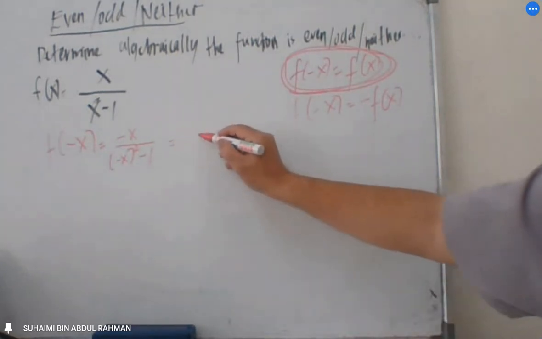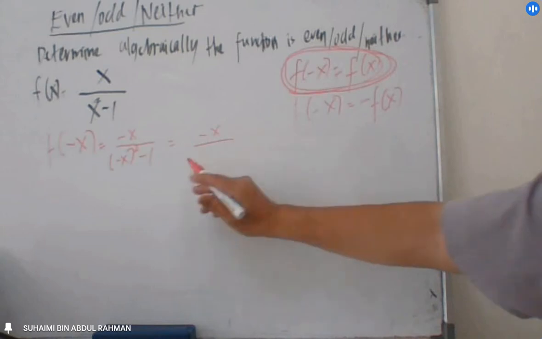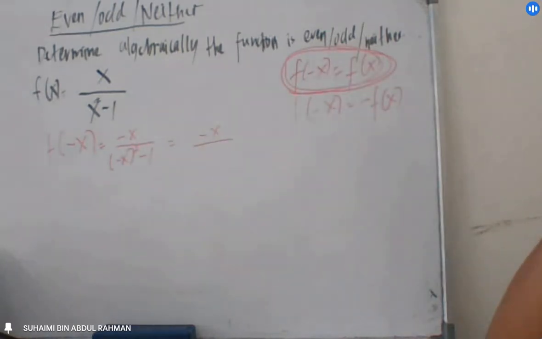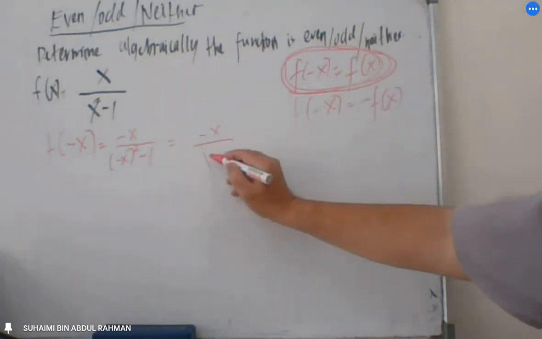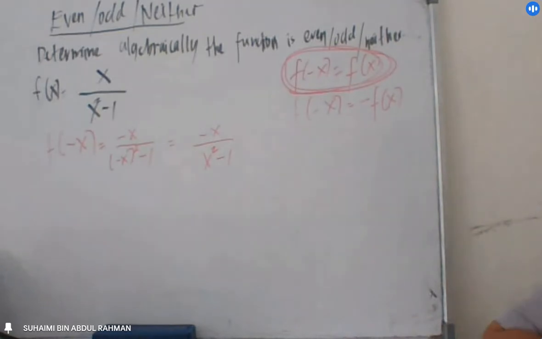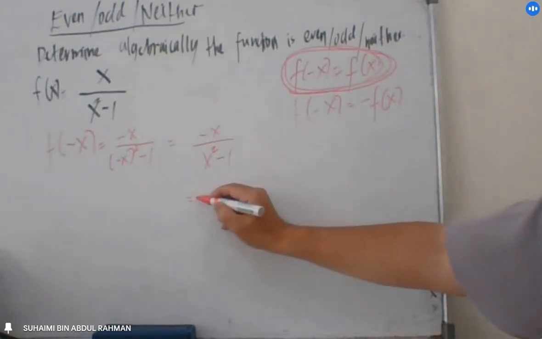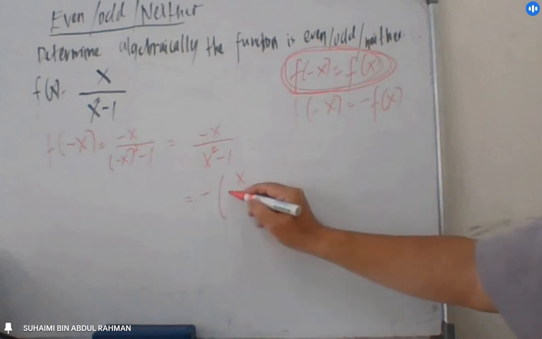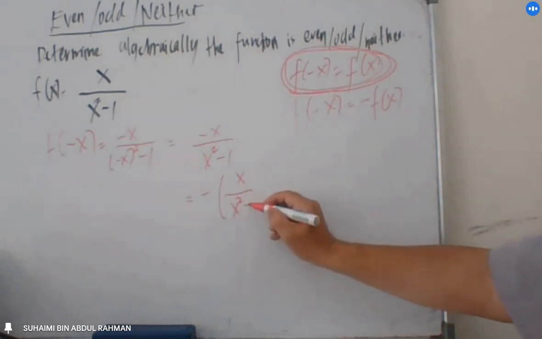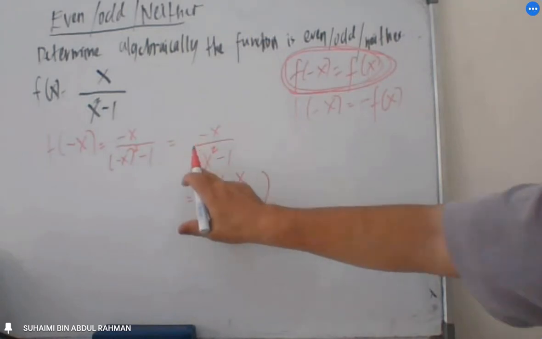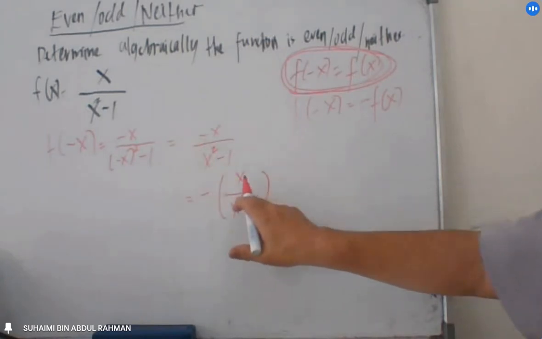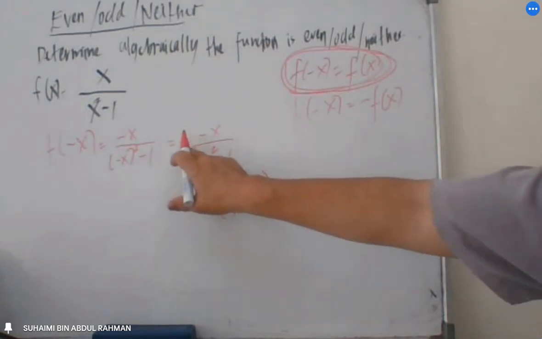So we have minus x over minus x square, which is what? x square. x square minus 1. This is the same as minus x over x square minus 1.